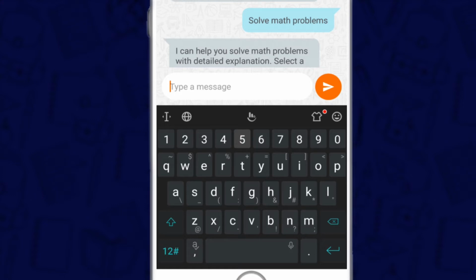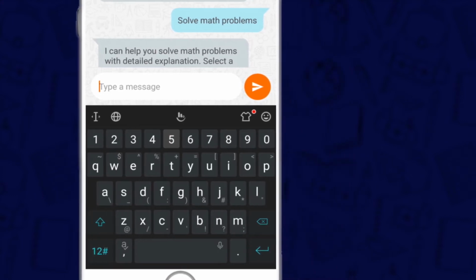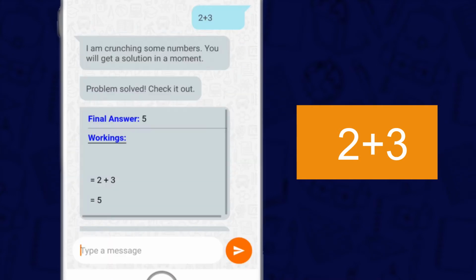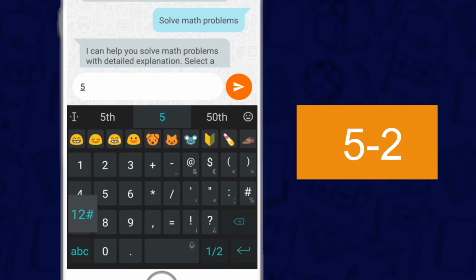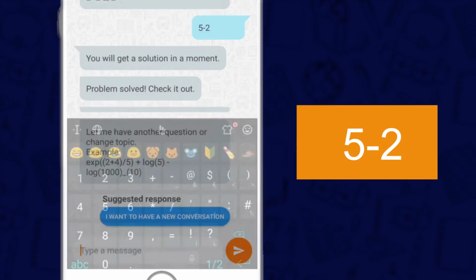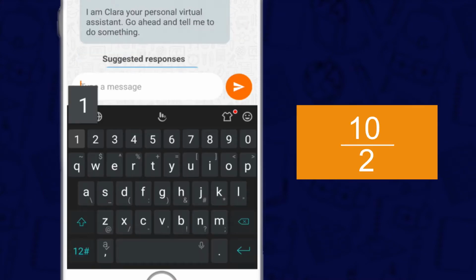Let's start with addition. Subtraction. Division.